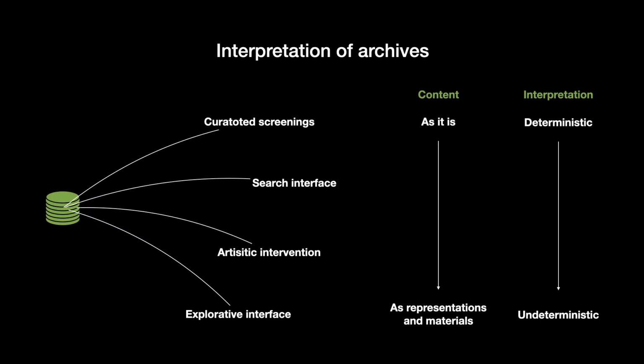One solution to this problem is to frame the archival content outside of its historical or accurate context, using aspects like emotions, colors, shot levels, and other filters or tags to access it.